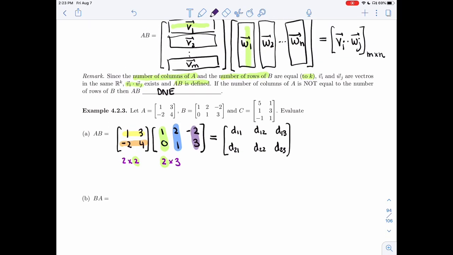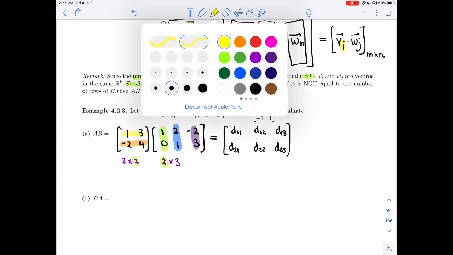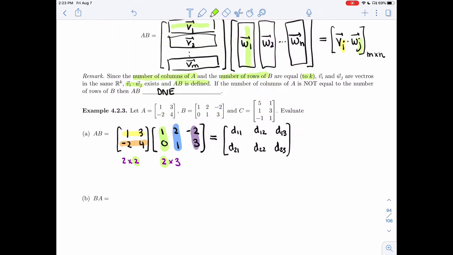So according to the definition, the row you're in tells you which of the vectors of the first matrix to take, and the column you're in tells you which one of the columns of the second matrix to take.